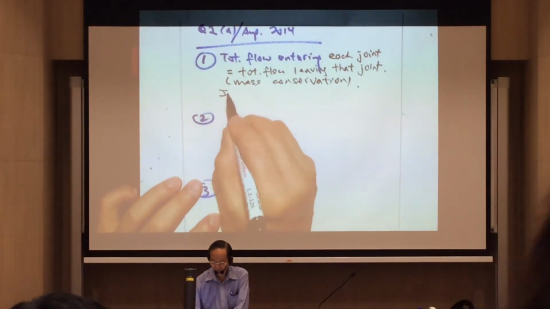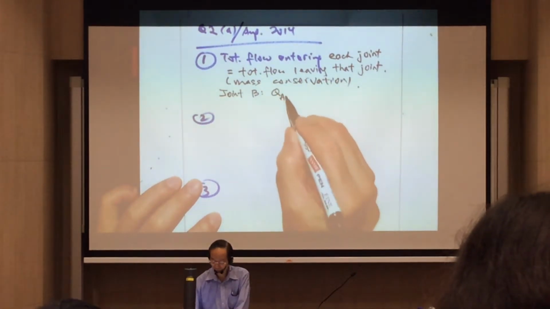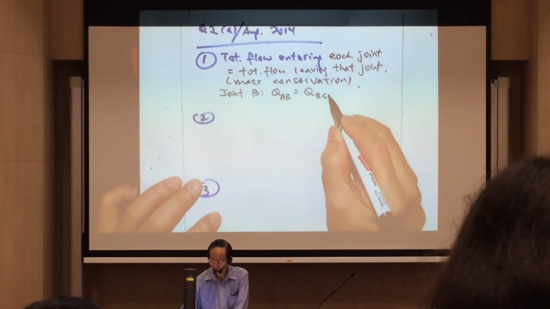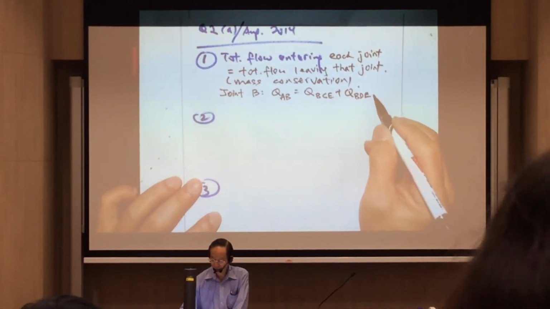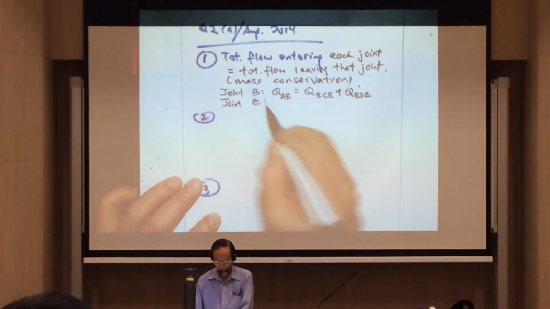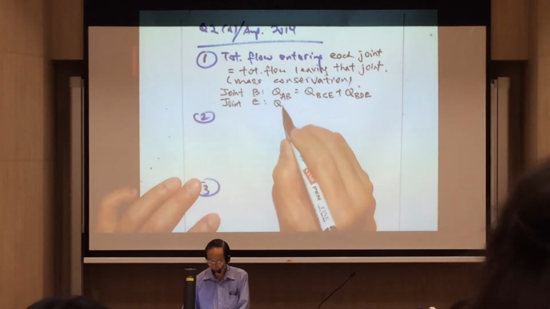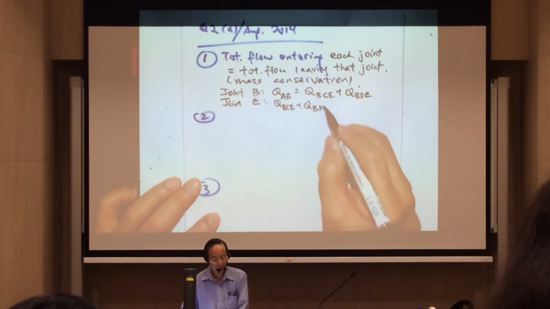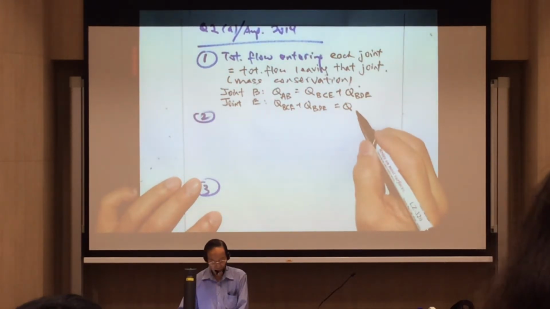So for joint B, what do we have? Flow from AB must equal the flow rate through branch BCE plus the flow rate through branch BDE. Then for joint E, the flow rate through branch BCE plus the flow through BDE must equal the flow passing through the pipe EF.